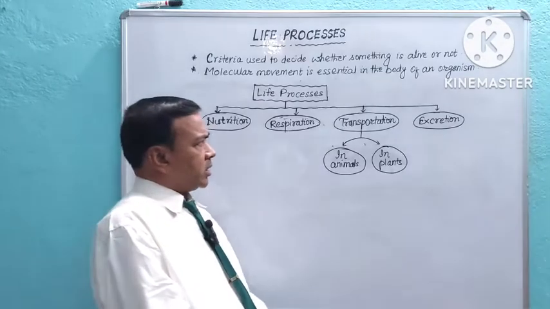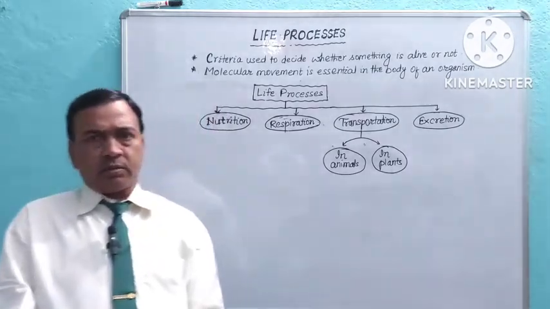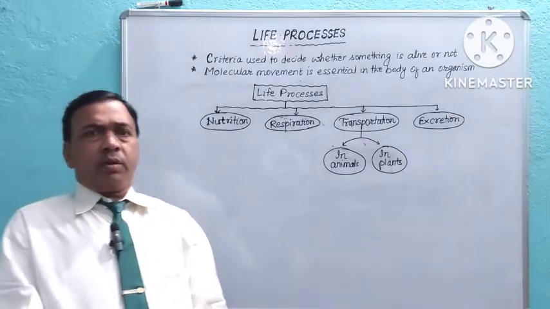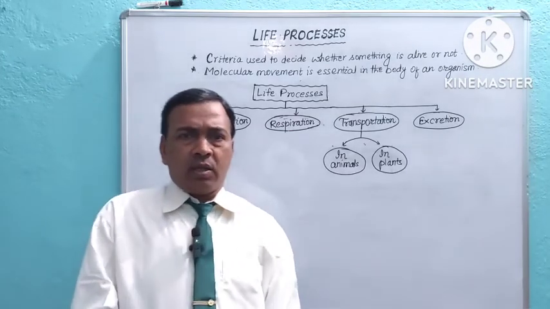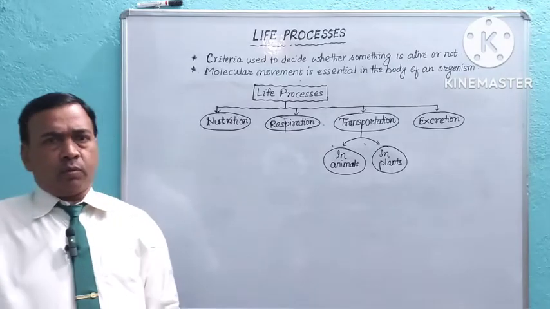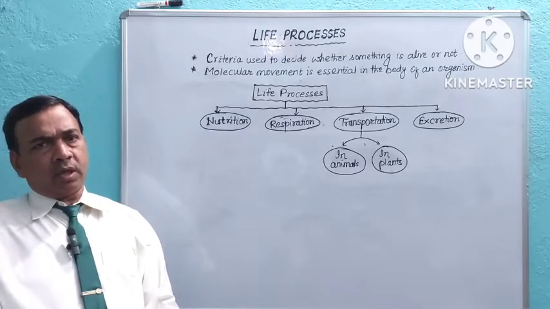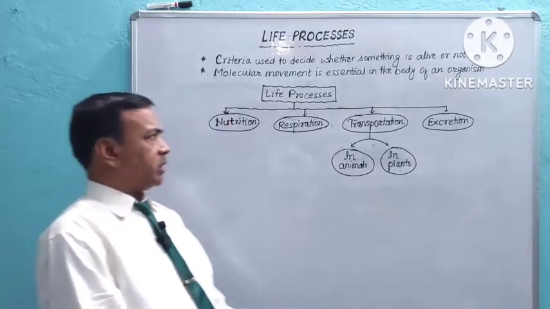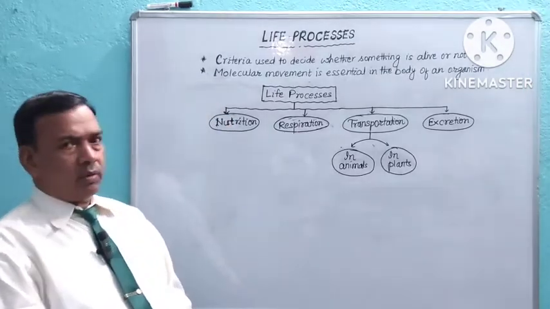Now we shall describe transportation. What is transportation? Movement of substances inside the body from one part of the body to other is called transportation. Why is transportation essential for animals?